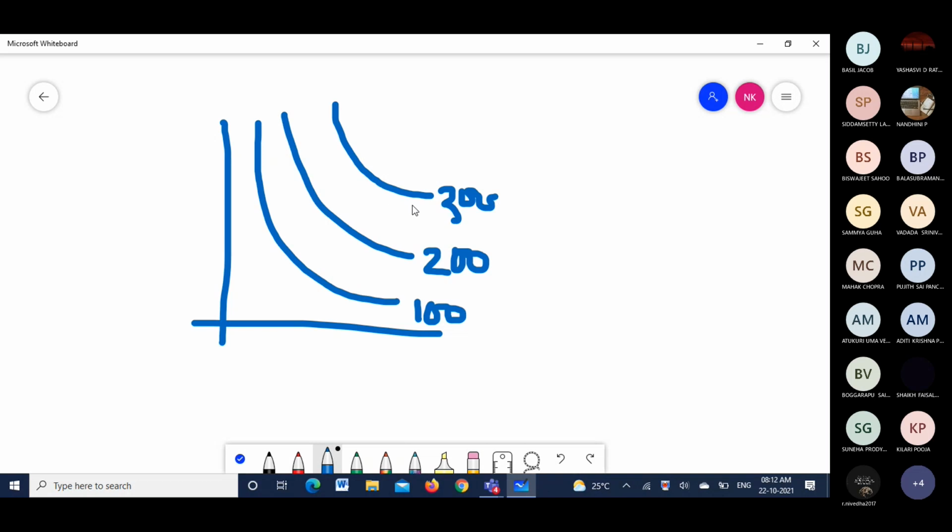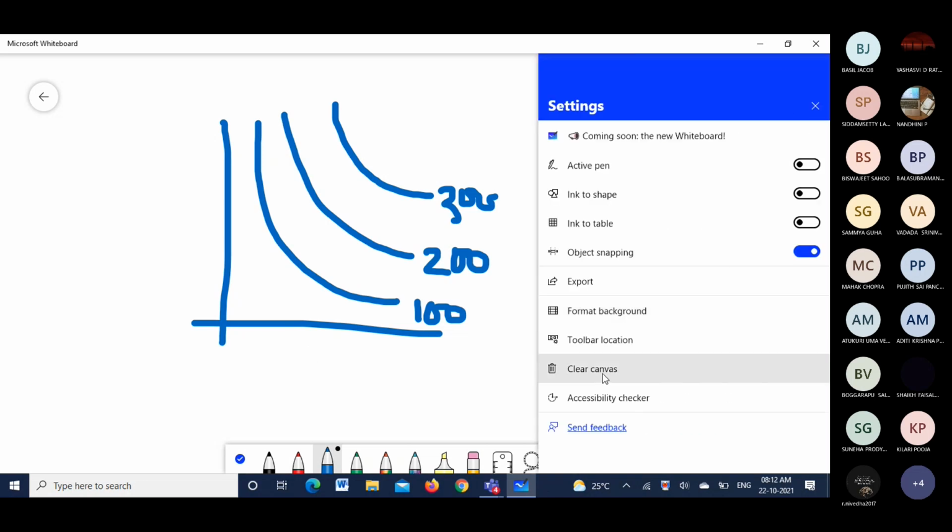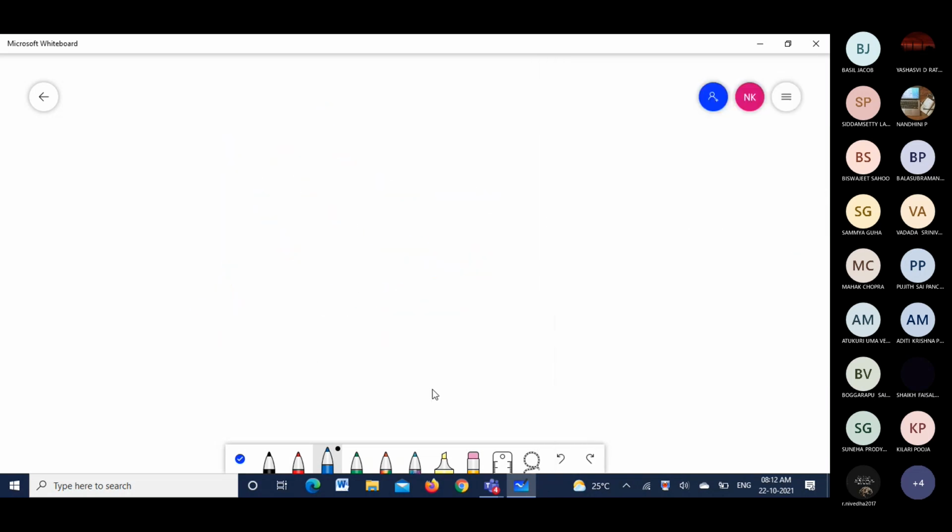So a rightward shift in the isoquant represents more units of production, and more units of the combination of factors of production, capital and labor. By these combinations of factors you can produce them. That is what the isoquant map is.